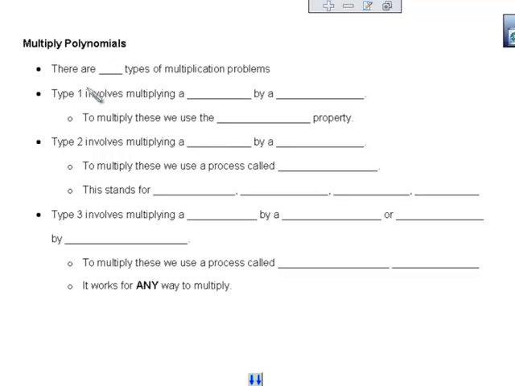So to multiply polynomials, there are three types of multiplication problems. Type 1 involves multiplying a monomial by a polynomial.